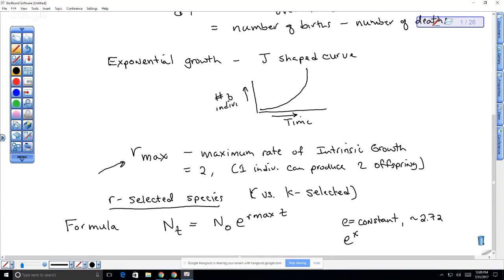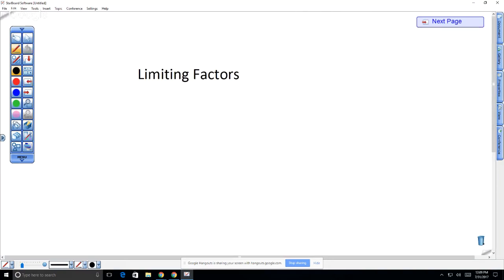Okay. So we can talk about limiting factors, and we can talk about two different types of limiting factors, those that are density independent. So density is just the number of individuals in a given area. Okay. So this means that it is not dependent upon the number of individuals in a given area.